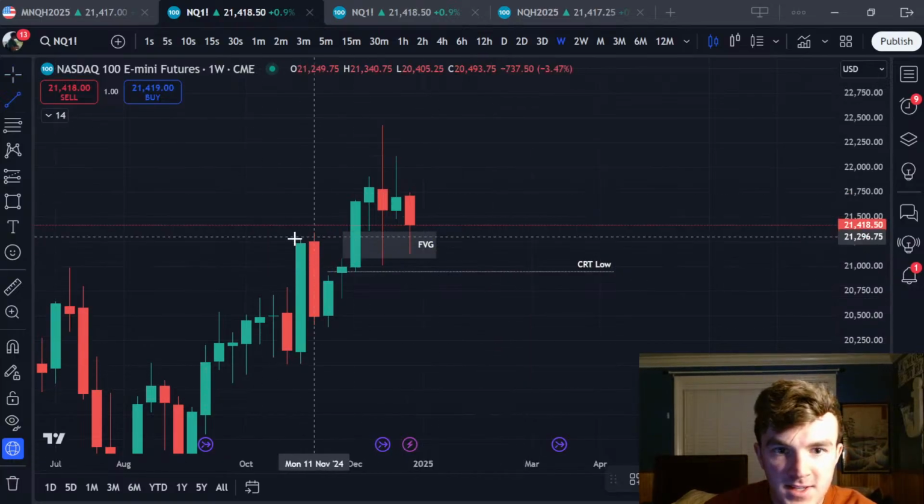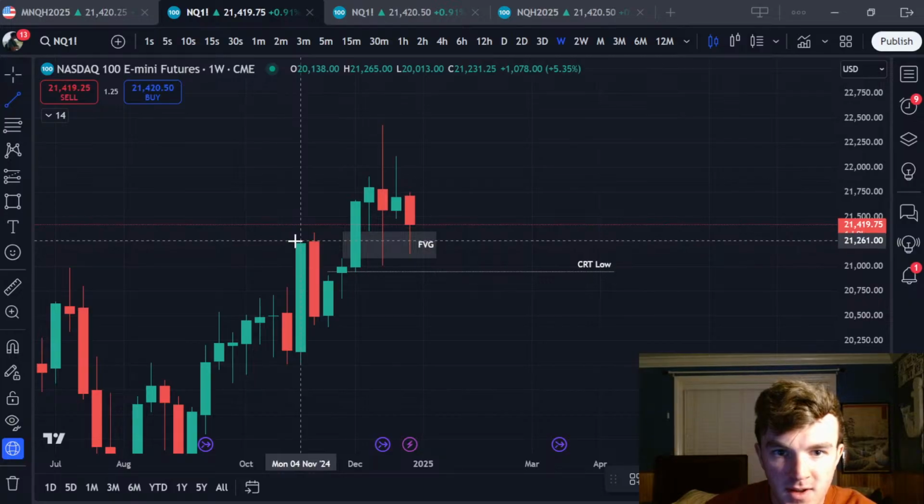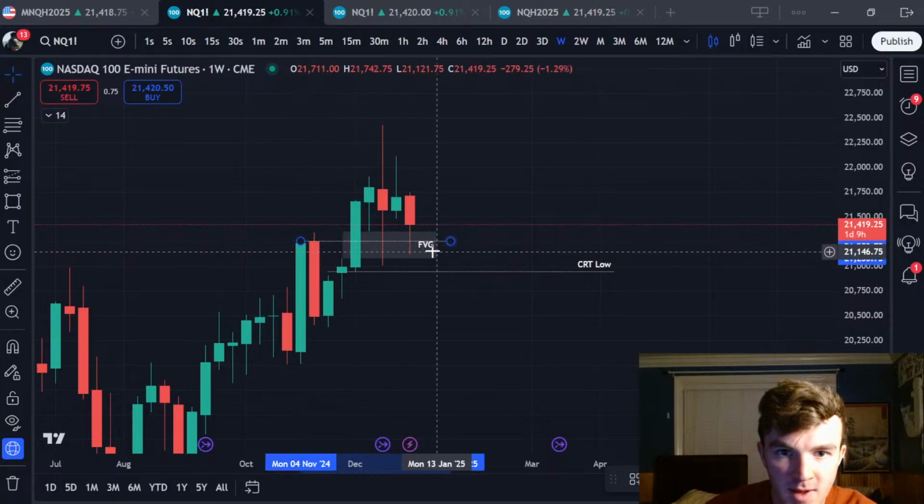The only thing I see is that we've been holding this weekly order block and fair value gap, but they look like they might break soon.